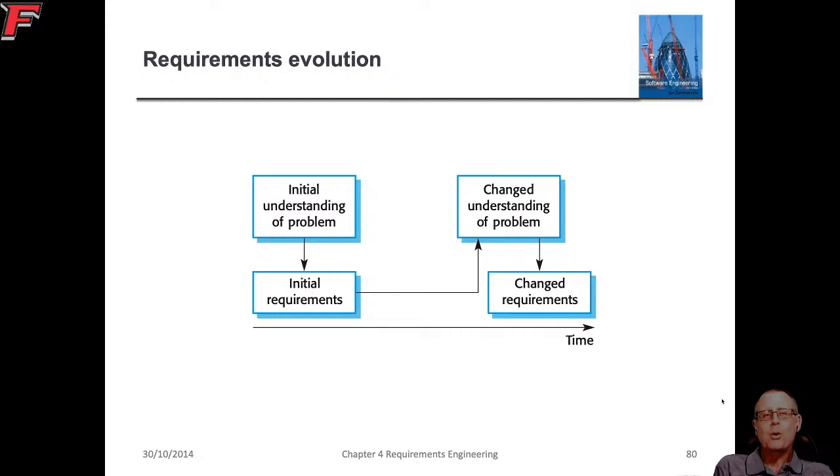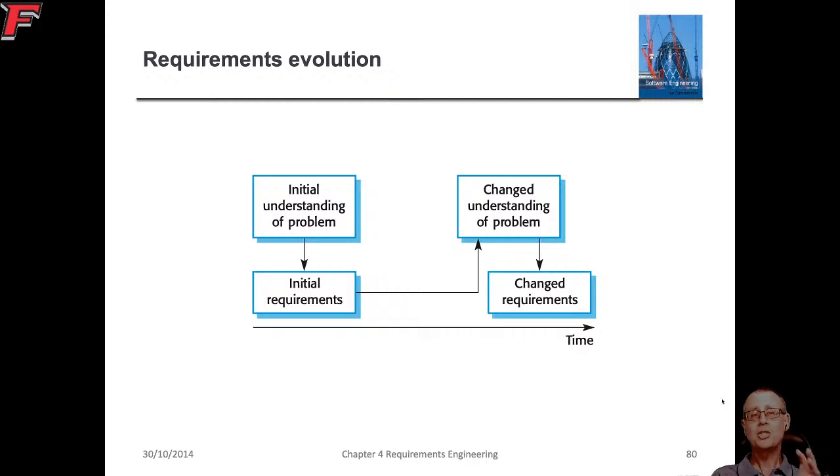Okay, requirements change. We have an initial understanding of the problem. We do the initial requirements. Once we've done the initial requirements, we probably change our understanding. So we may have to update the requirements. And this happens even when you're writing requirements, when you're doing object-oriented analysis with the use cases and the sequence diagrams and the state diagrams and the activity diagrams.